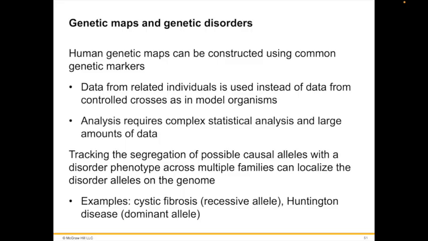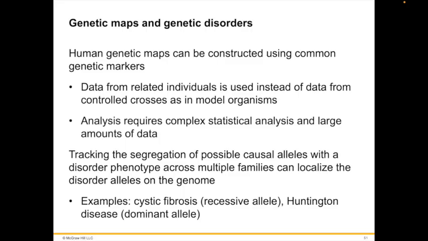The principle is that the same genetic distance is still proportional to recombination frequency, but the analysis requires the use of complex statistics and summing data from many families. In addition to genetic maps, there are a variety of physical maps that can be constructed as well. The combination of genetic and physical mapping was an integral part of the Human Genome Project.